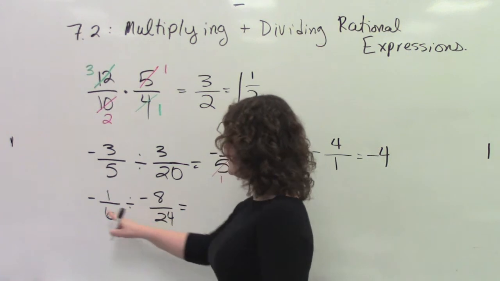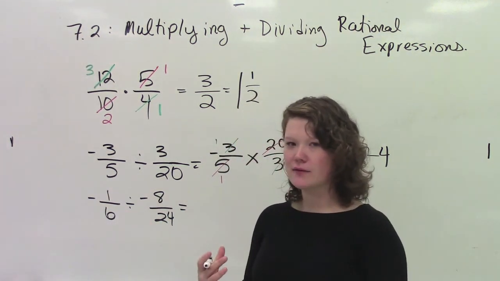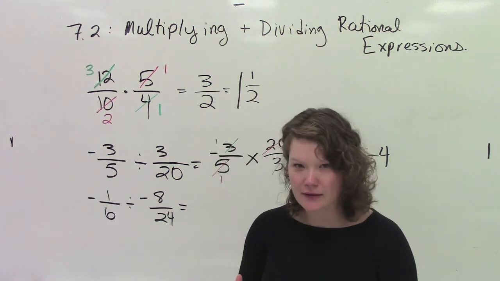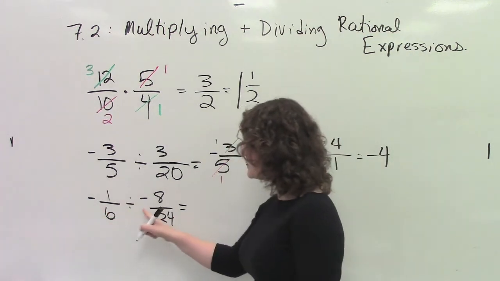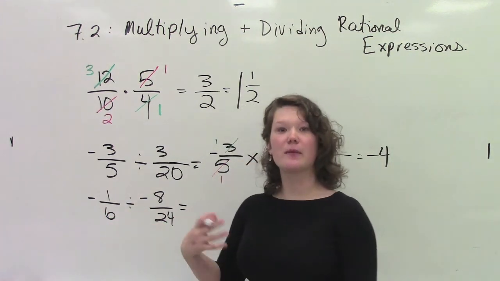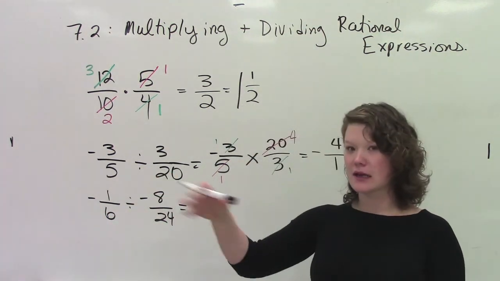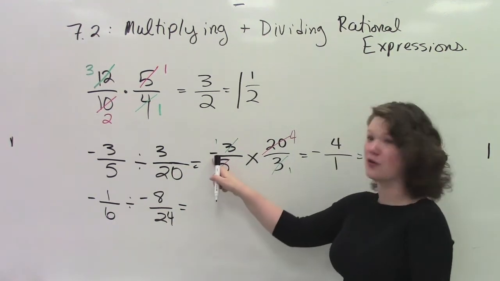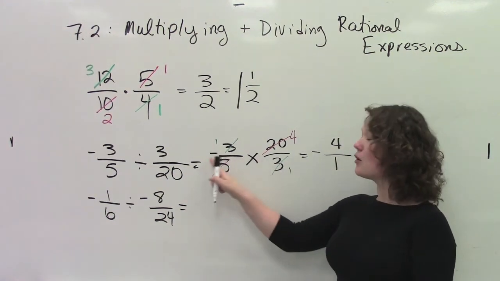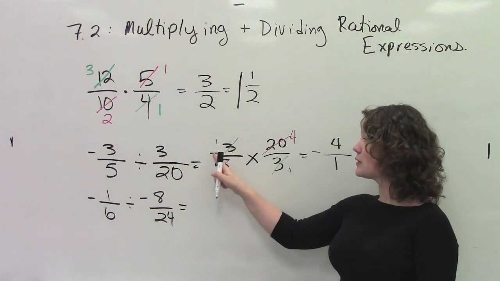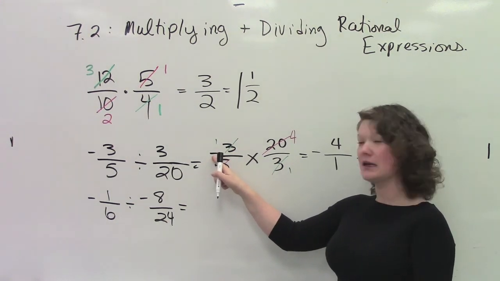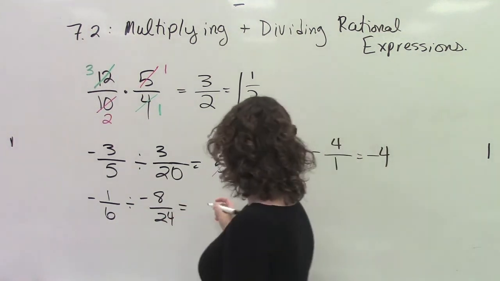Negative divided by negative is positive, so that's why I'm dropping those, okay? Negative times negative is positive, so I know that my answer is positive. Let's just get rid of those negatives as soon as we can. We couldn't just drop it here, right? Because there was only one negative sign. But since there's 2 here, we're just going to drop it right away.